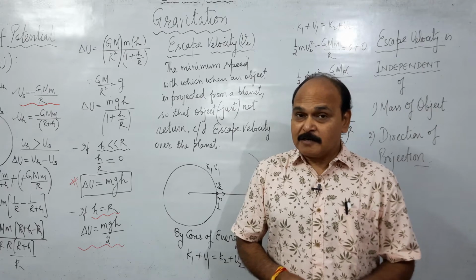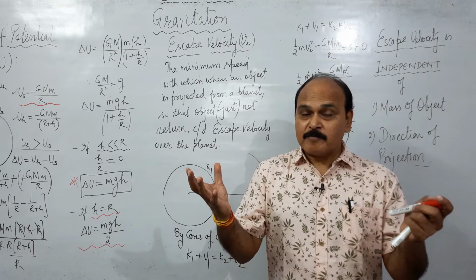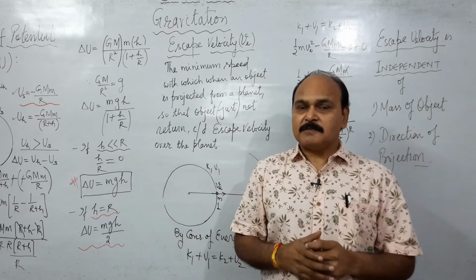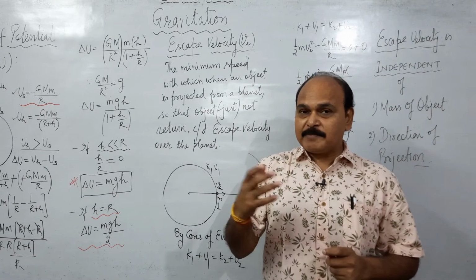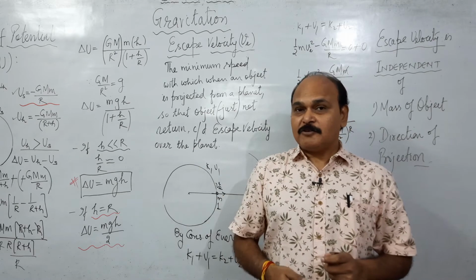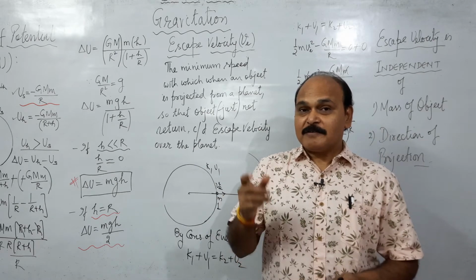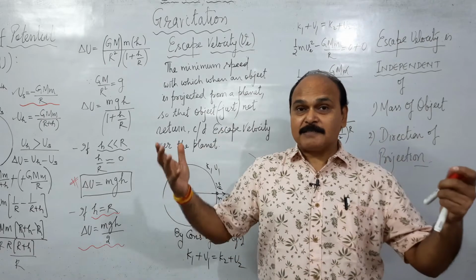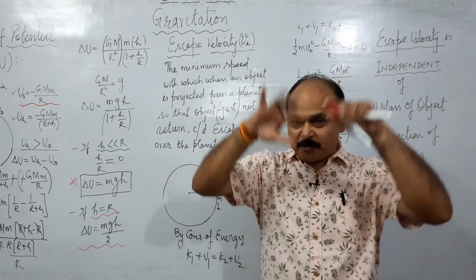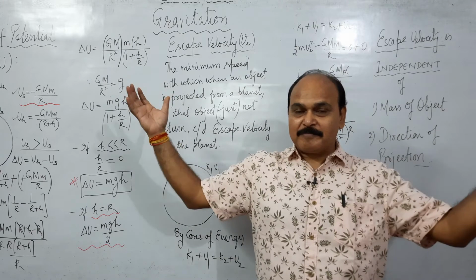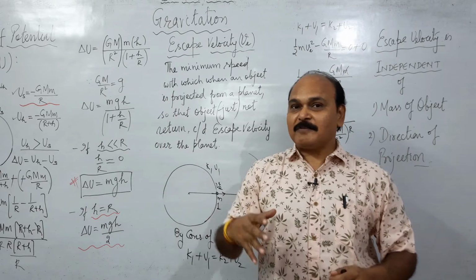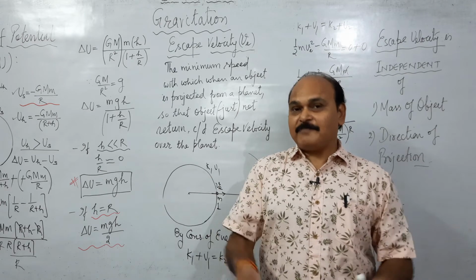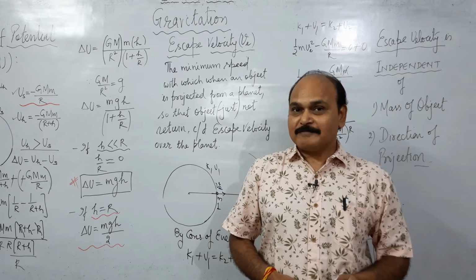Well, the moon has no atmosphere. At the same time, escape velocity over the surface of the moon is very, very small. Therefore, what happens? Even the gases from the atmosphere of the moon escape, because the molecular speed of the molecules of the gases is greater than the escape velocity over the moon.